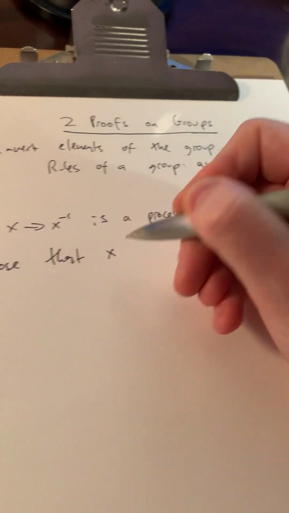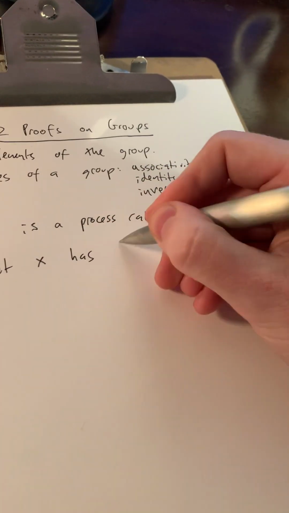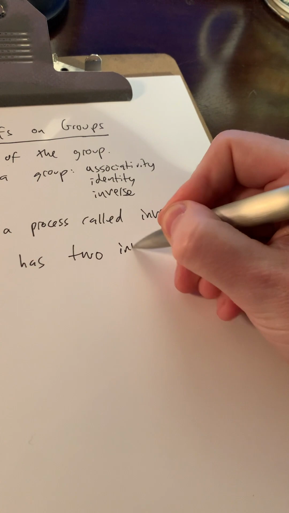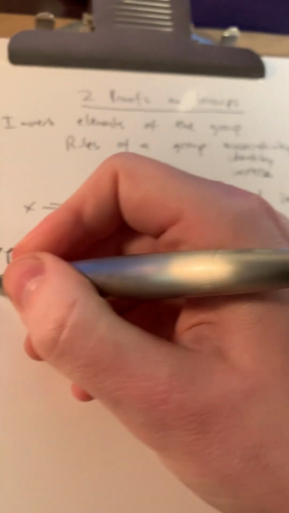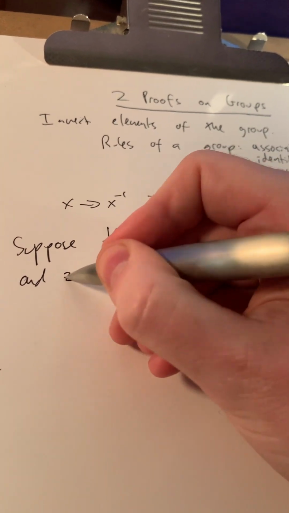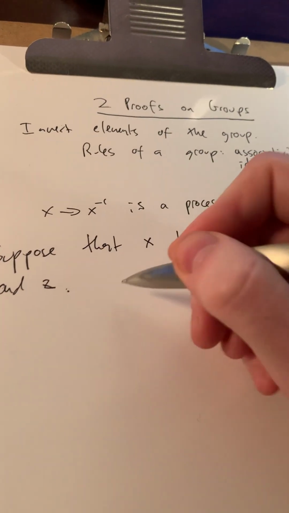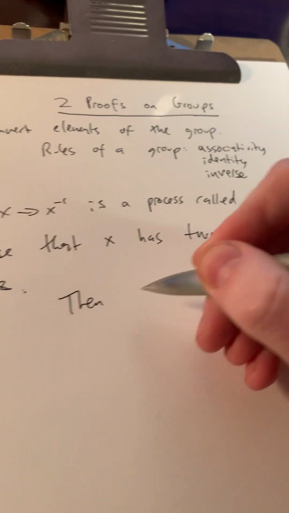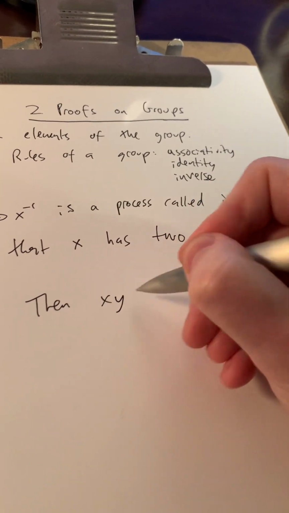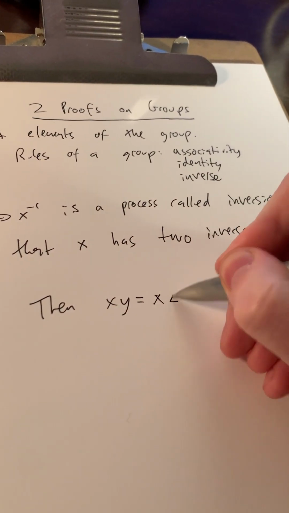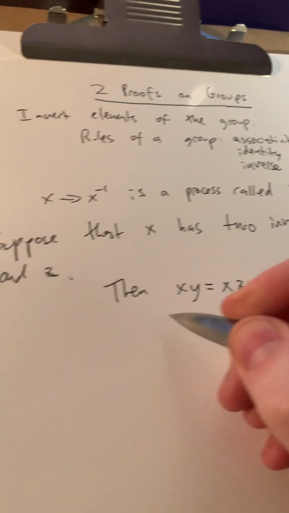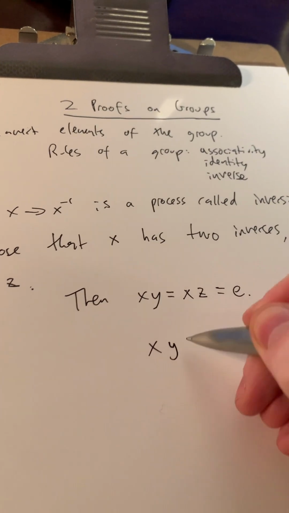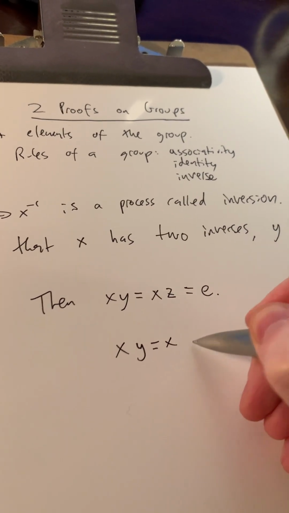Suppose that X has two inverses, Y and Z. Then XY equals XZ equals E. So XY equals XZ.